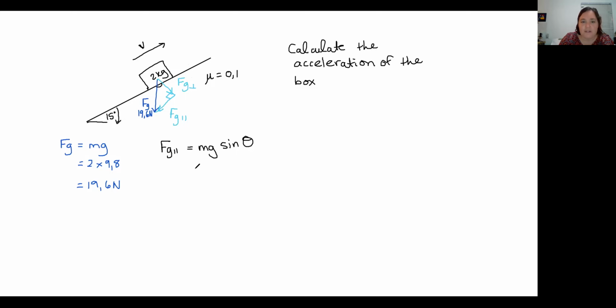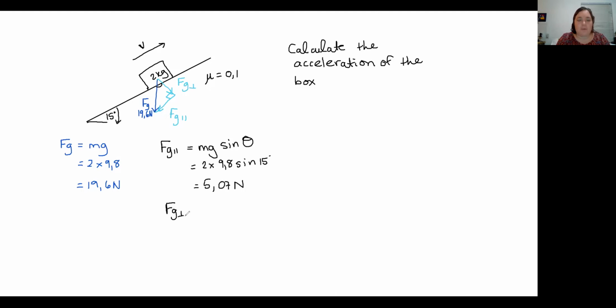So this is going to be 2 multiplied by 9.8 multiplied by sine of 15, which is equal to 5.07 newtons.